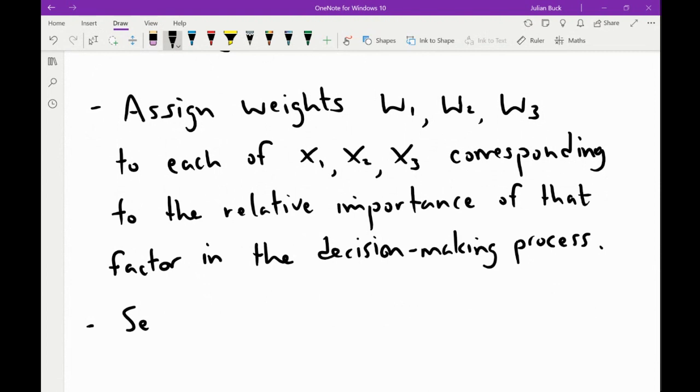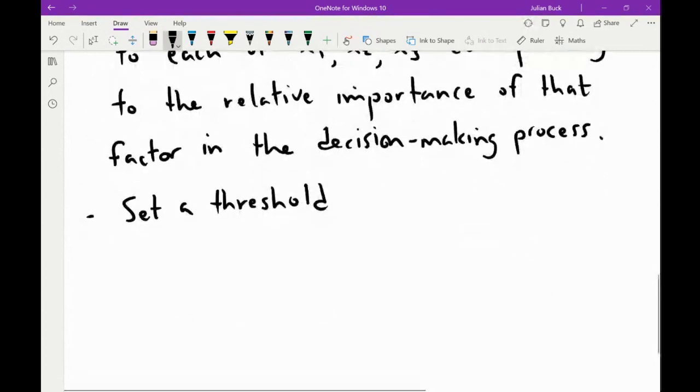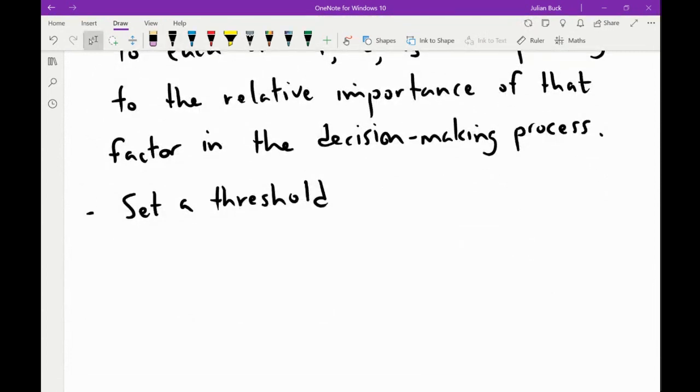And then we set a threshold B, and we'll talk a little bit more about what the threshold represents a little bit later. But for now, just think of the threshold as determining how the sum product, so the net input, where we incorporate the weights, determines the output value. Okay. So our output is still going to just be a 0 or a 1, so it's the same as before. 0 for don't go, 1 for go.